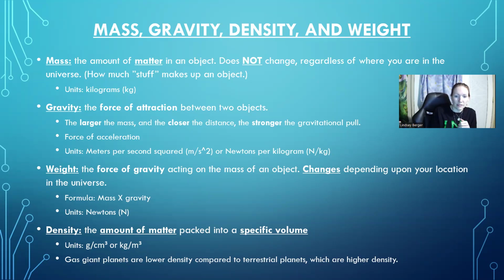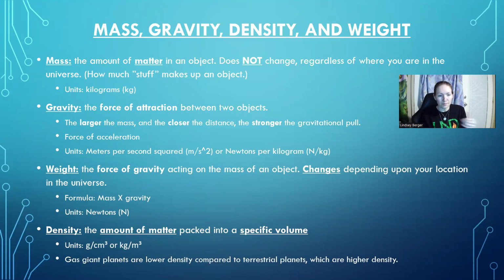Okay. And then density. Density is another one that comes into play when we talk about these planets. Density is how much matter, how much stuff, you shove into one specific volume. Saturn is the least dense planet. We know that because of its composition, and we figured out how much matter there is versus its volume.